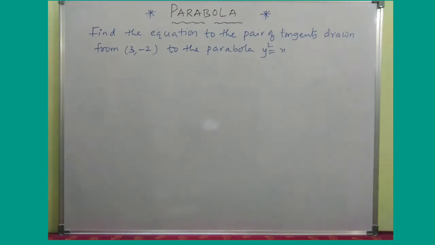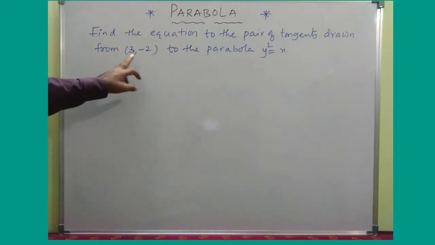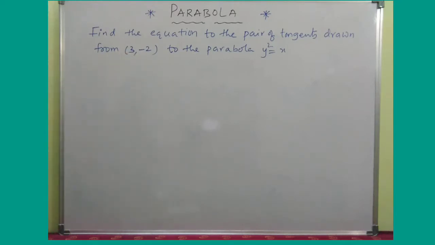So coming to question number 1. Look at the board, everybody. Find the equation to the pair of tangents drawn from (3, -2) to the parabola y square is equal to x.